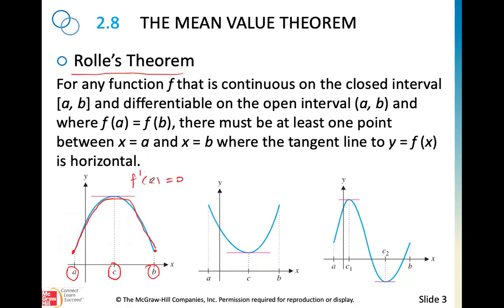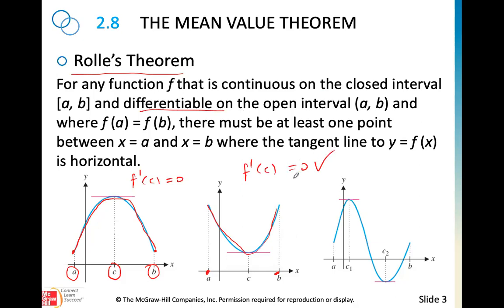That's it. One more time: there is minimum one point such that f prime of c is equal to 0.